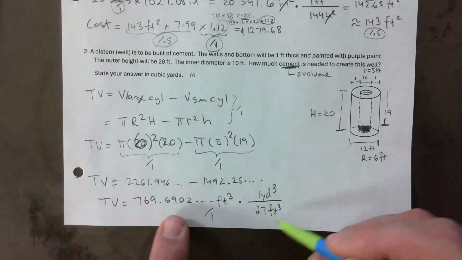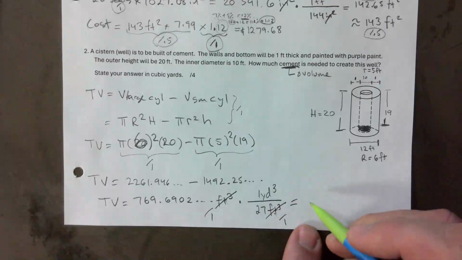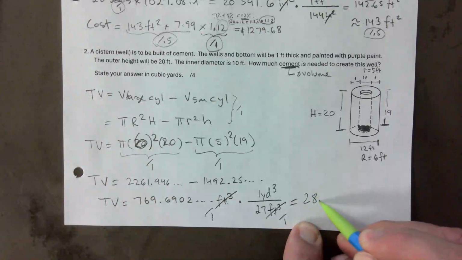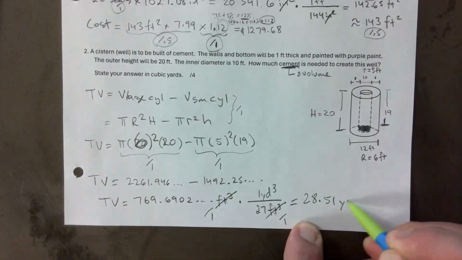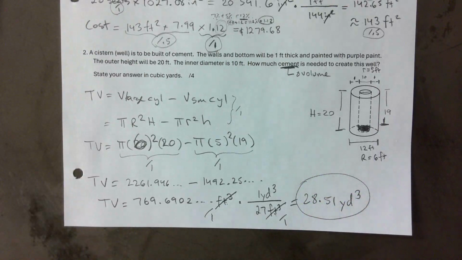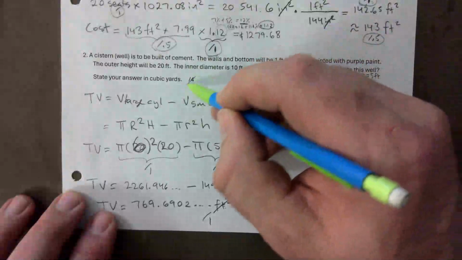Most of the time we do it this way. So for this step, you're going to get a mark as well. It's 28.51 cubic yards if you round it to 2 decimals. So 1, 2, 3, 4, 5 marks for this one.